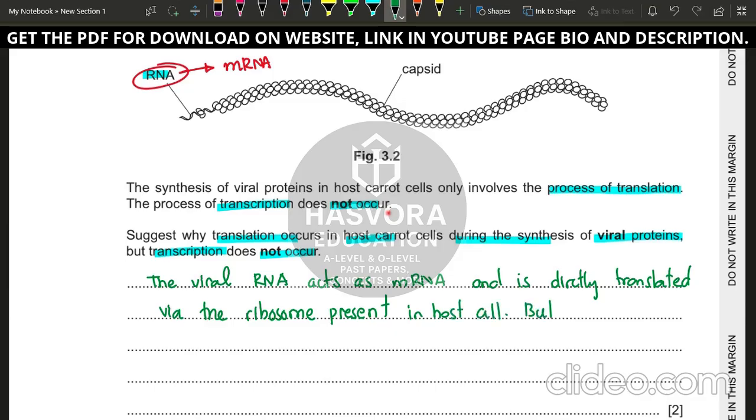But it cannot be transcribed from a DNA. How can you transcribe RNA from a DNA? Basically they do not match. So that will be your answer.